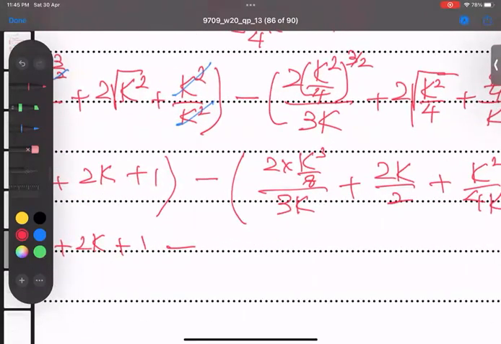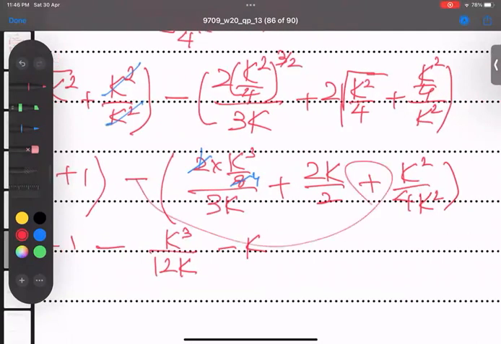This 2 and 8 cancel out. 2 ones are 2, 2 fours are 8. So I'm getting here k cube over 4. 4 will flip and 4 threes are 12. 12k. Negative into positive, negative. 2 cancel out. 2 cancel out. I get k only. Negative into positive, negative. K square cancels. I get only 1 by 4.